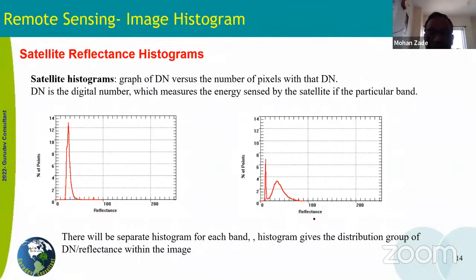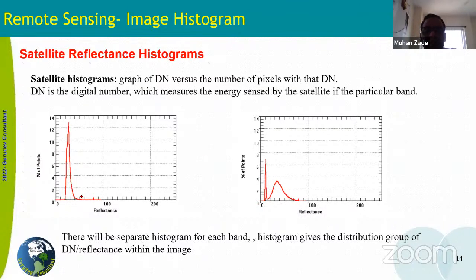So here, if you see, the maximum pixels fall in the range of some say 50 or 60 here, and a very small number of points are available at 10% reflectance.